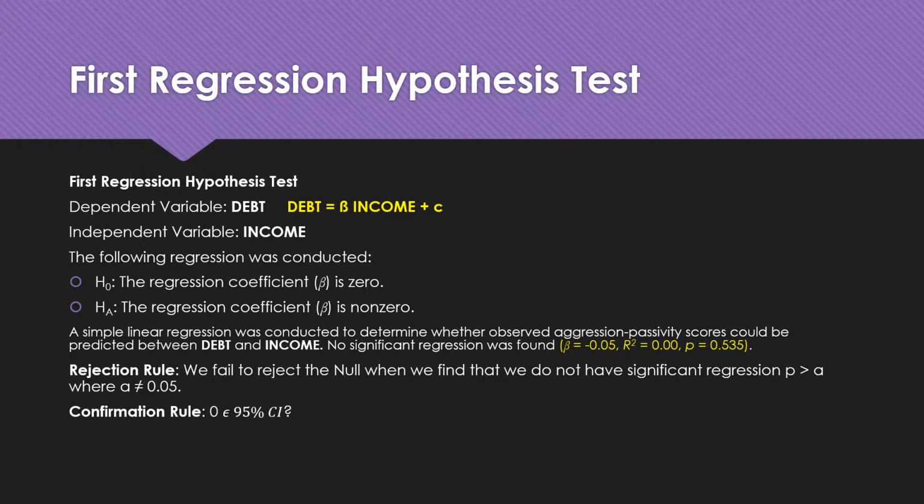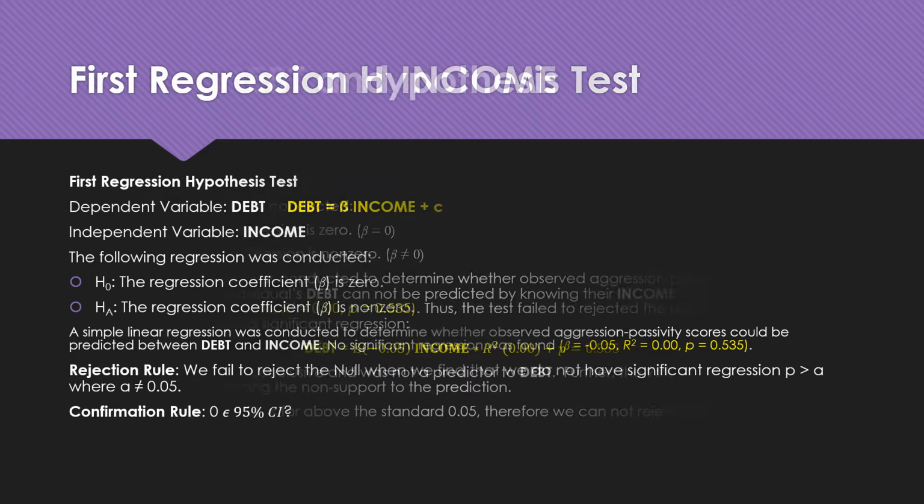The rejection rule: we fail to reject the null when we find that we do not have significant regression. P is greater than alpha, where alpha is 0.05. The confirmation rule: 0 is within the 95% confidence interval.